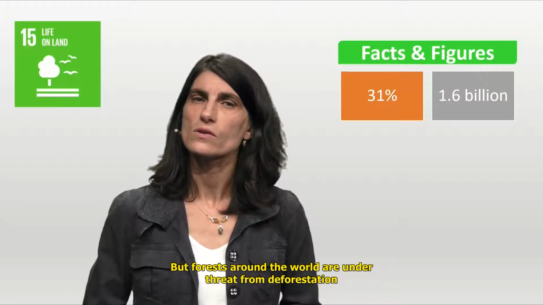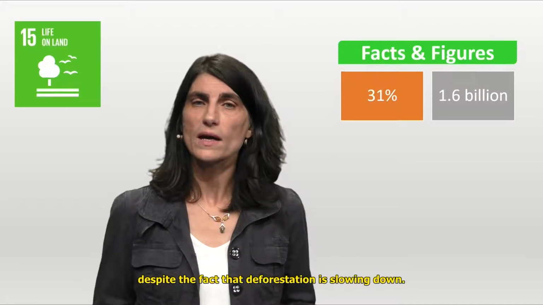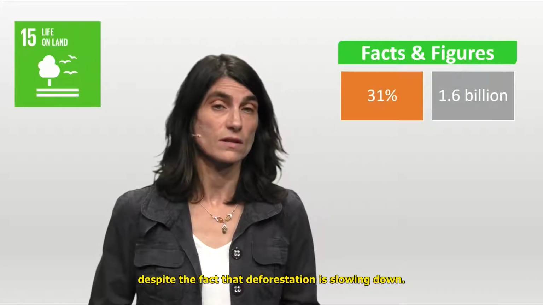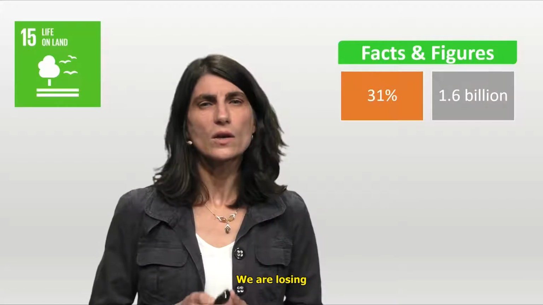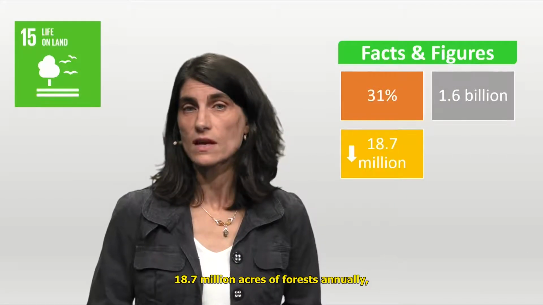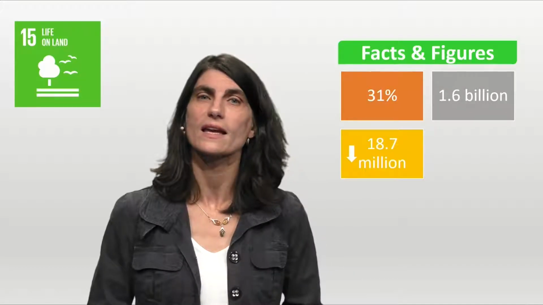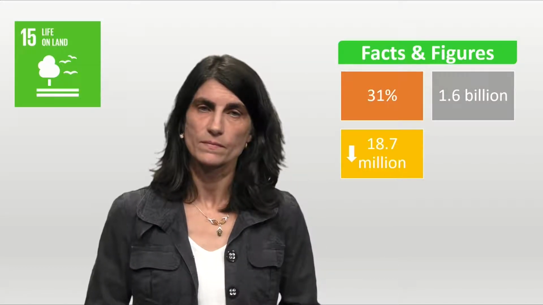But forests around the world are under threat from deforestation, despite the fact that deforestation is slowing down. We are losing 18.7 million acres of forest annually, the equivalent of 27 football fields every minute.